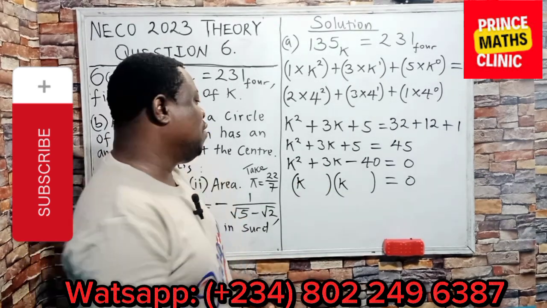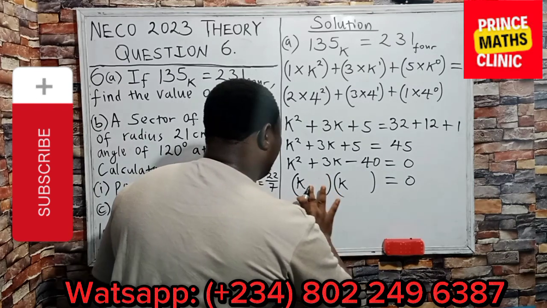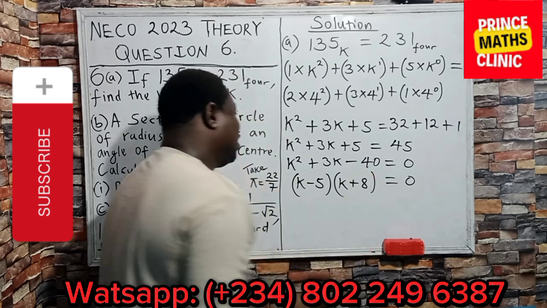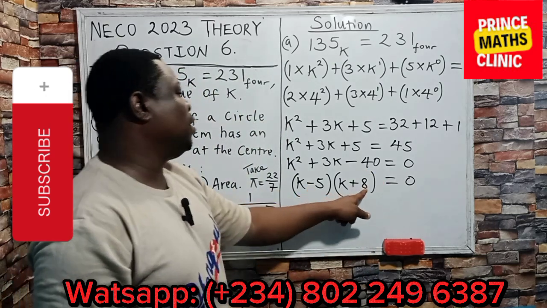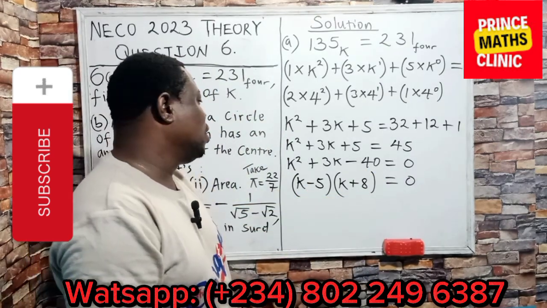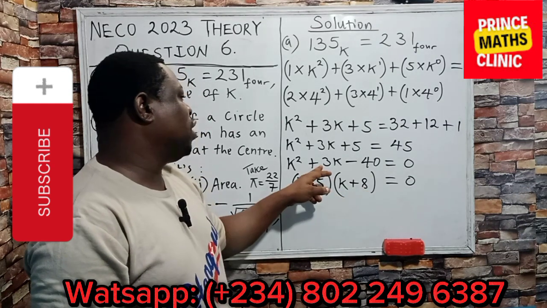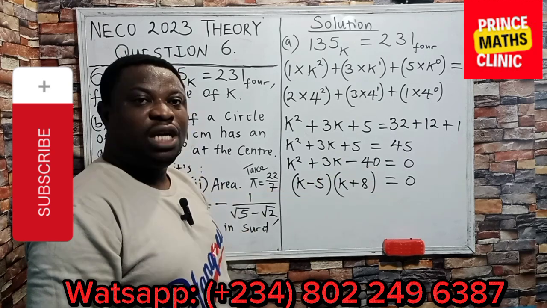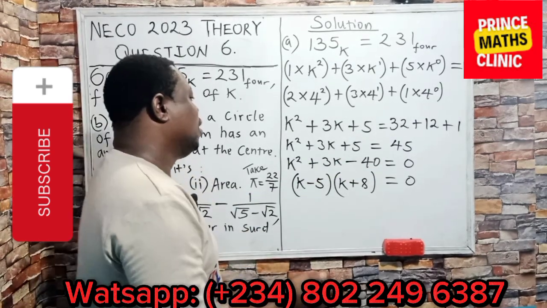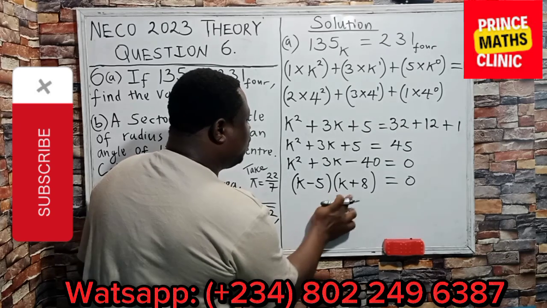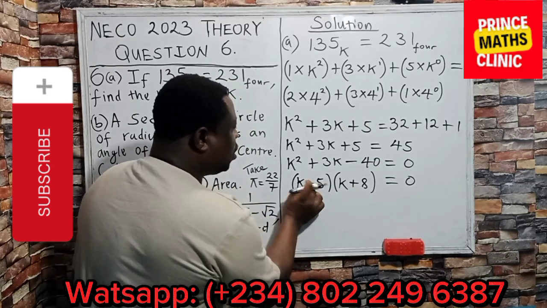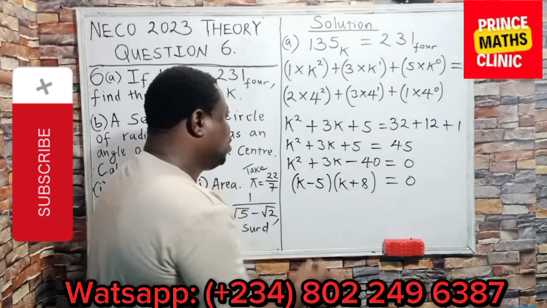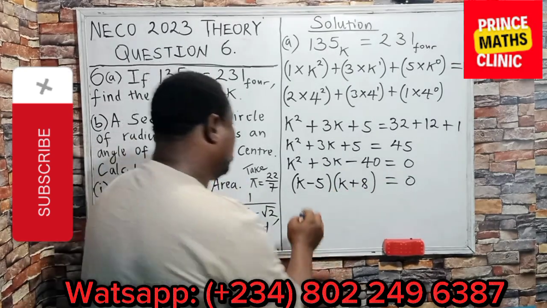Those numbers will be negative 5 and positive 8. So minus 5 plus 8 will give us positive 3, and minus 5 times plus 8 will give us negative 40. Good. So using the zero product rule, when two things in bracket are multiplied and equal to 0, each of them can be equal to 0.